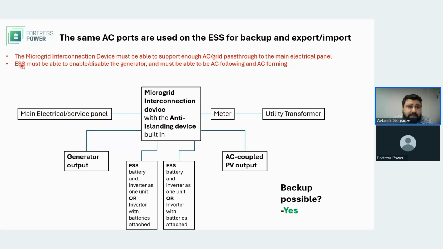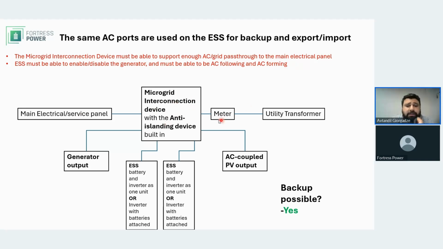That's why we say here that the microgrid interconnection device must be able to support enough AC pass-through to the main electrical panel. So everything that the main electrical panel demands, you should be able to pass through the microgrid interconnection device. Otherwise, the conductors will melt, really.